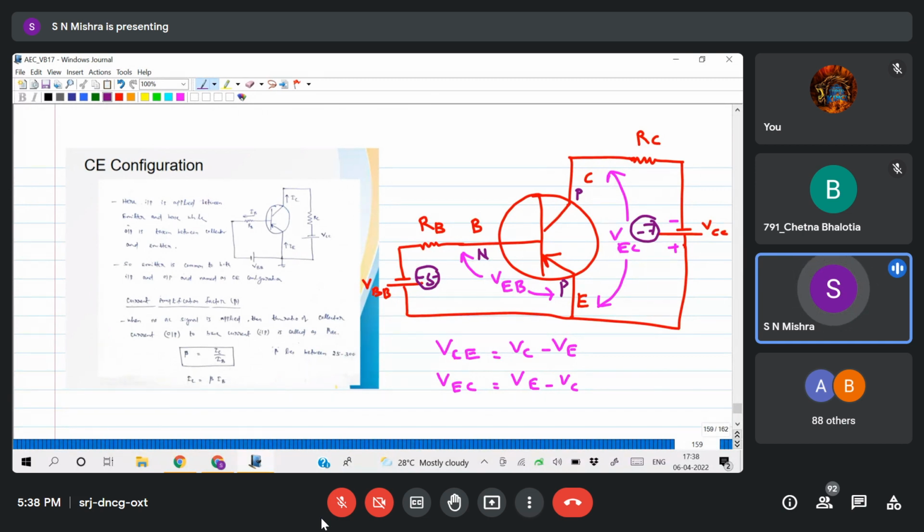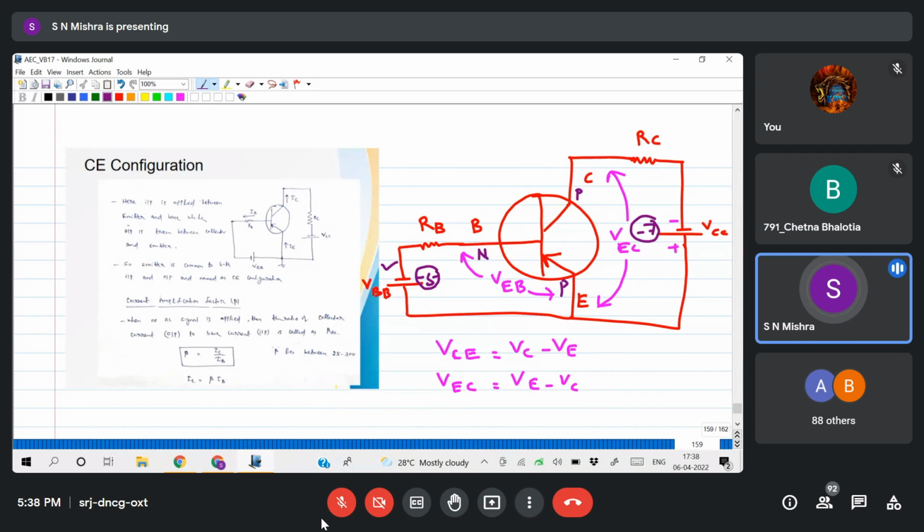So consider the emitter base junction. Directly you can understand this is forward biased, because the N side is connected to lower potential, the P side is connected to higher potential. So minus 5 means it is forward biased.